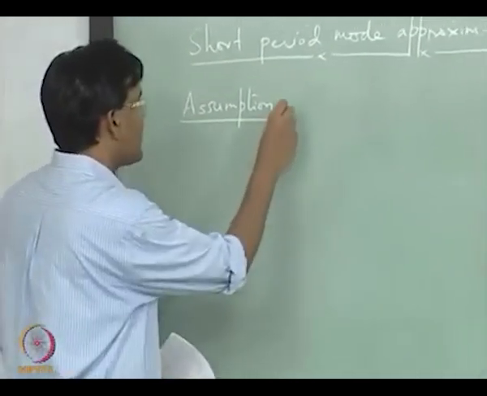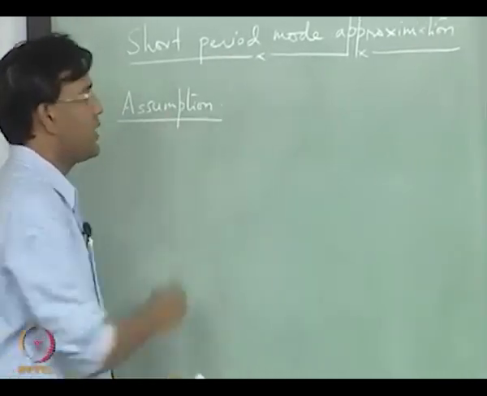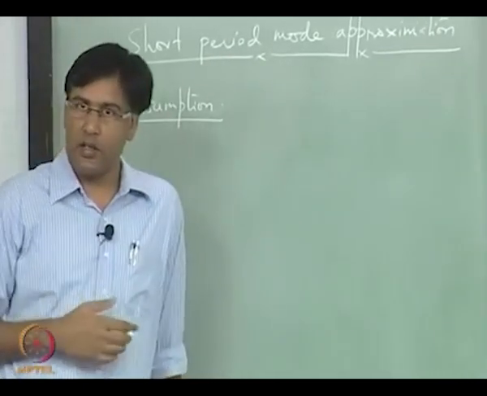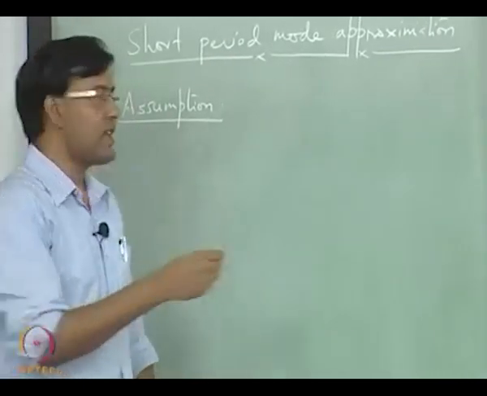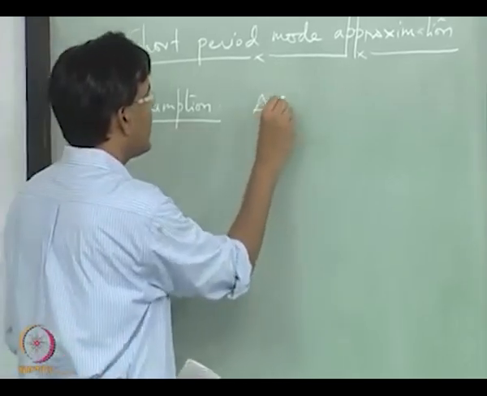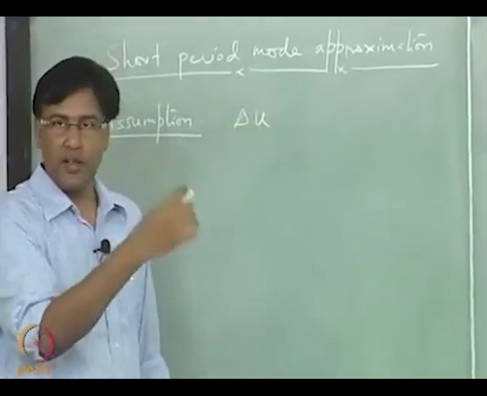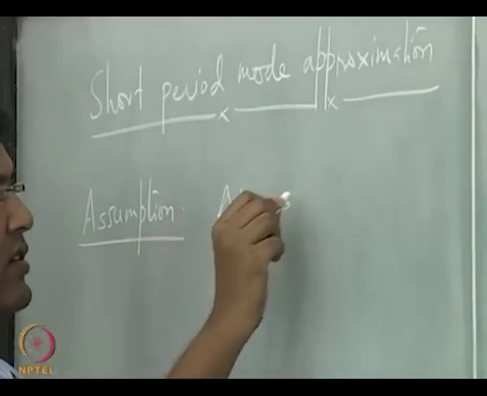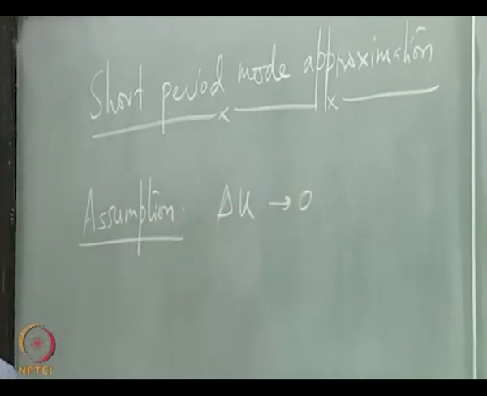Now, the assumption involved here is that when the aircraft is showing short period behavior, there is hardly any change in the forward speed, right. So, we can set delta u to 0.